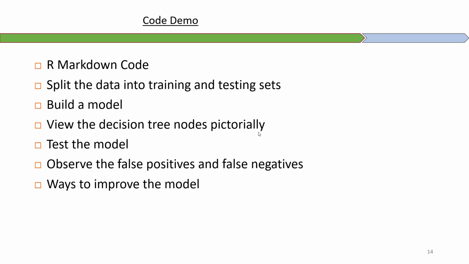We'll see the results of the decision tree, or we'll visualize the decision tree. We can see pictures of different nodes. In addition, we'll test the model. We'll see what the false positives and false negatives are, and we'll see how to improve the decision tree model, the basic decision tree model that we have constructed.